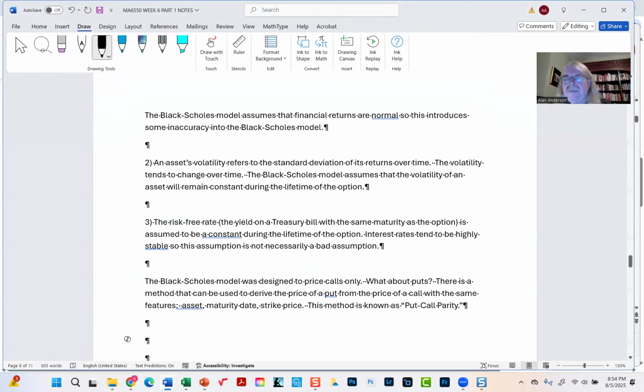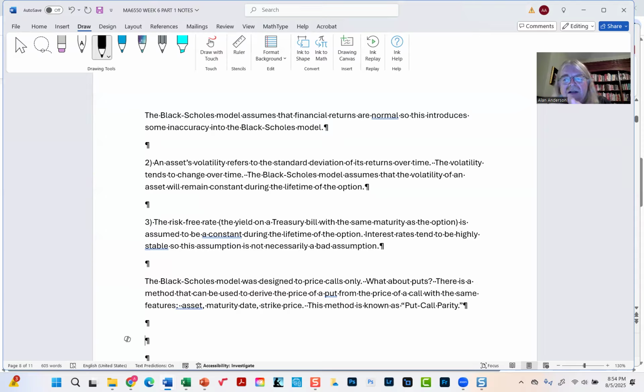So that made it unnecessary to have a separate model for puts, which really is helpful. In other words, once we know the call price, we can turn around and derive the put price with this methodology we're going to see later on called put-call parity. So that accounts for the puts. Even then, at the beginning, all we had was the ability to price European calls and puts on non-dividend paying stocks. That's all we could do.